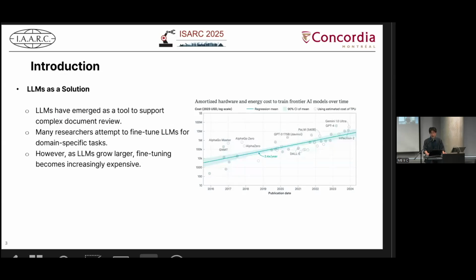LLMs have become a popular tool for dealing with complex document reviews, and many researchers have tried fine-tuning them for the construction domain. But recently, the trend of LLMs growing larger has been accelerating, and that means fine-tuning them is becoming more and more expensive.